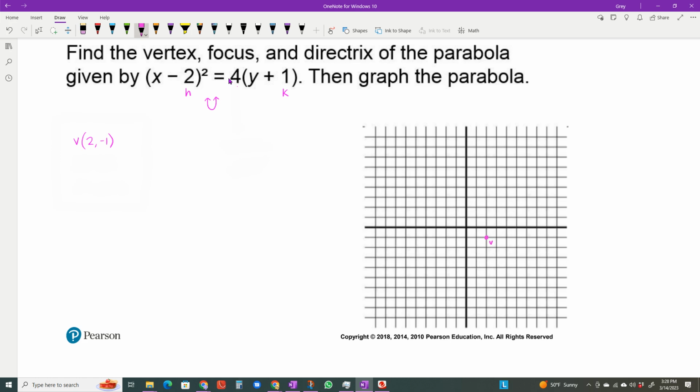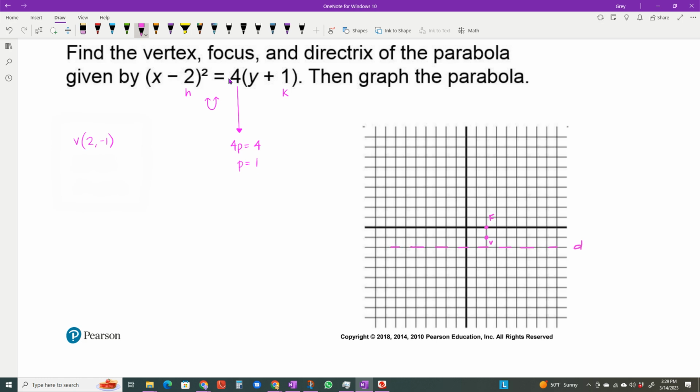All right, so the next thing I need to know is I have to find p to be able to graph it. And this right here represents 4p. So 4p equals 4 and p equals 1. So if I'm going up, then this right here is my focus. And 1 away down is going to be my directrix.